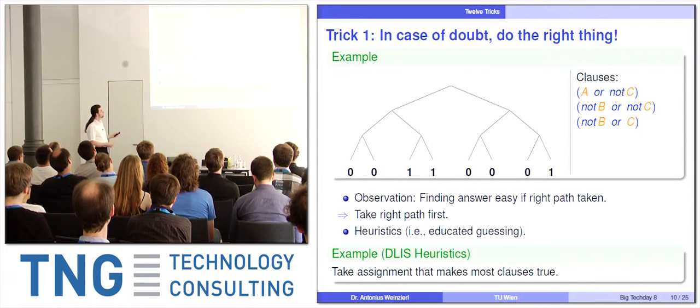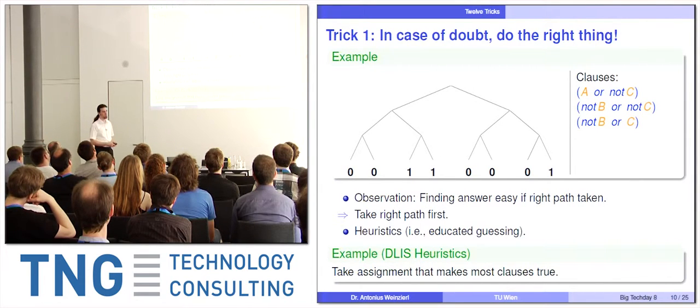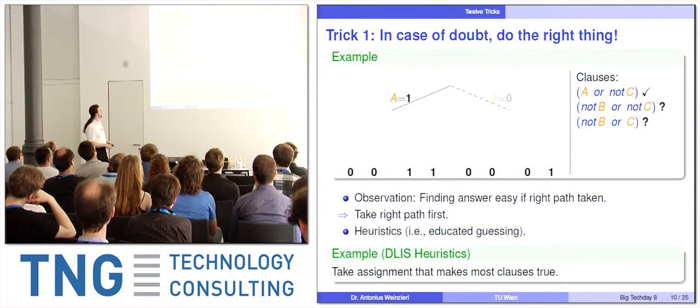For example, if I go down here and I have these two clauses not satisfied, then I can count that not B occurs twice, and not C or C only occurs once each. So not B is the assignment making more clauses satisfied, so I pick not B. So I assign to B the value false. This is what I just explained.